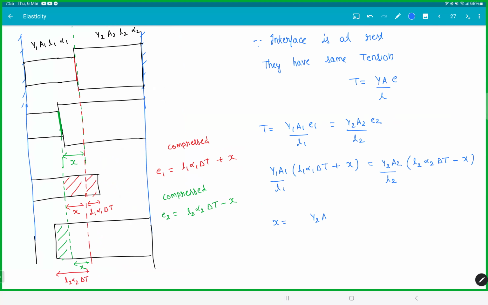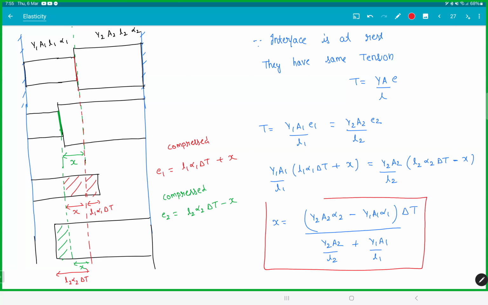This will be Y2 A2 alpha 2 minus Y1 A1 alpha 1 delta T by Y2 A2 by L2 plus Y1 A1 by L1. Check. It's a pretty good answer. So how do we know which side dominates? It depends on the product of YA and alpha. Whoever has the YA alpha value biggest, that guy is the strongest. Is this clear, everyone?